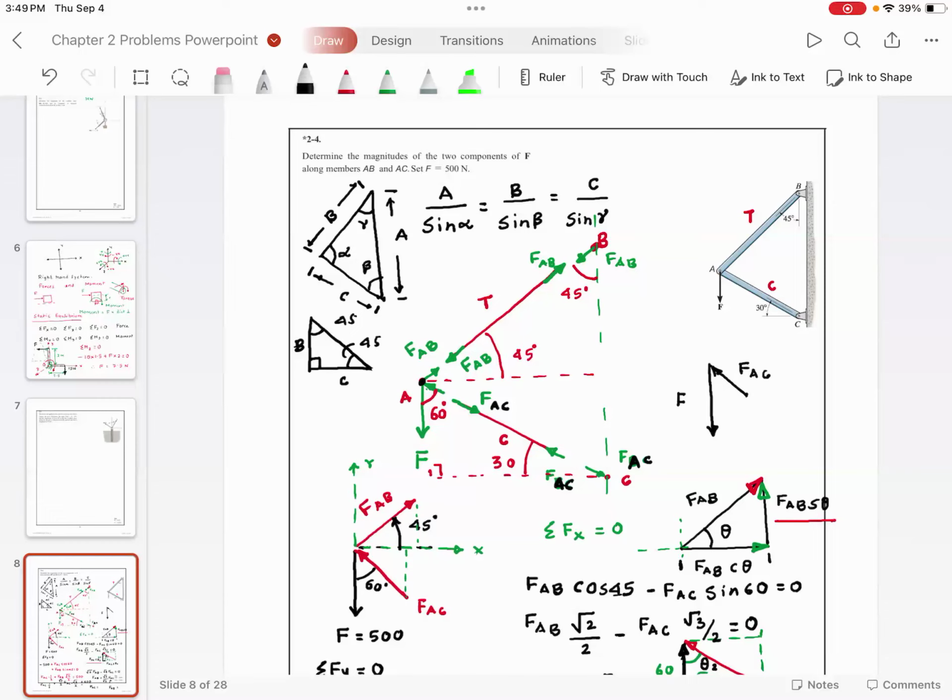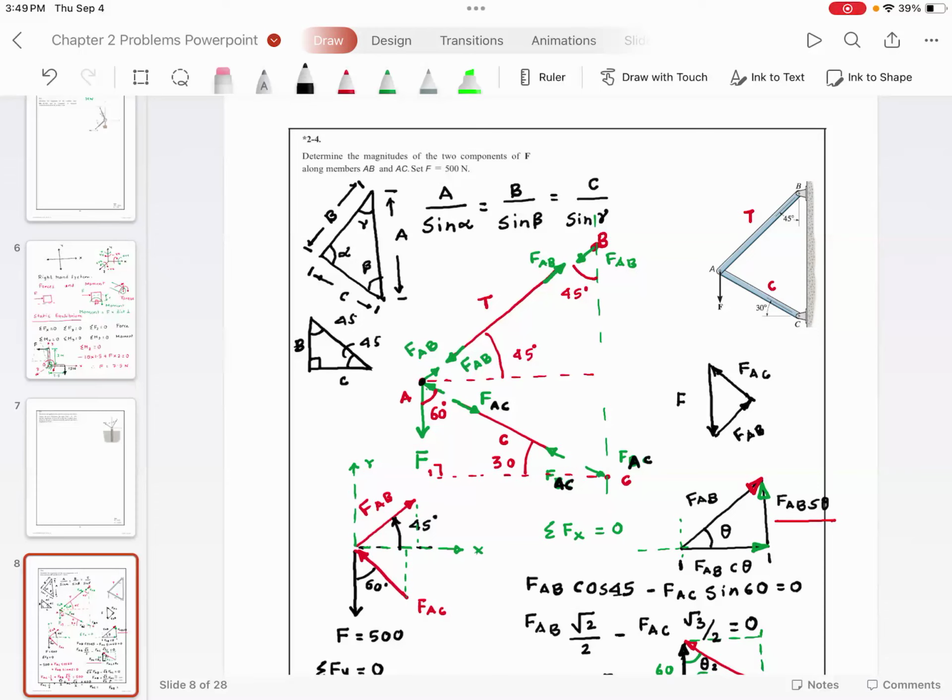And you have this force, which is FAB. Now, this forms a force triangle. Do you agree with me?